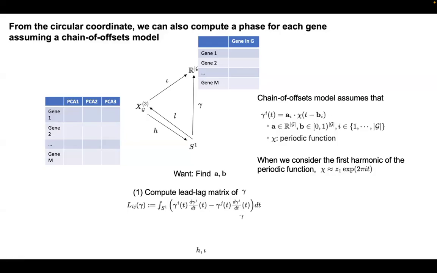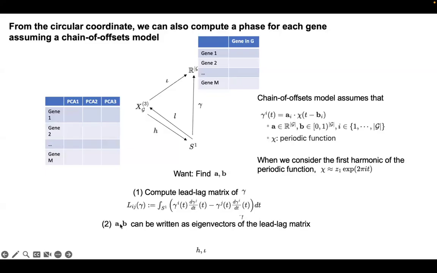So how do we find such model variables? This is achieved by computing the lead-lag matrix. It is computable: when gamma is given, it's just an integration.